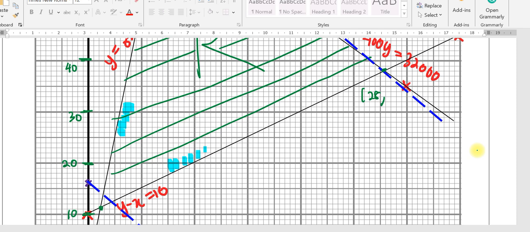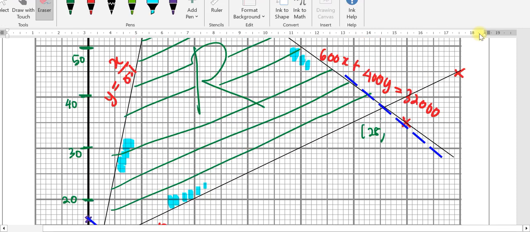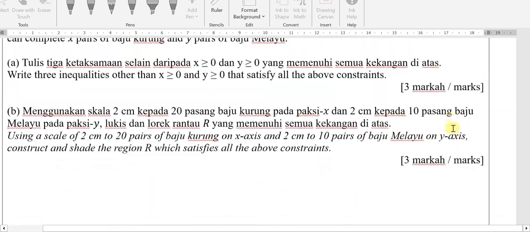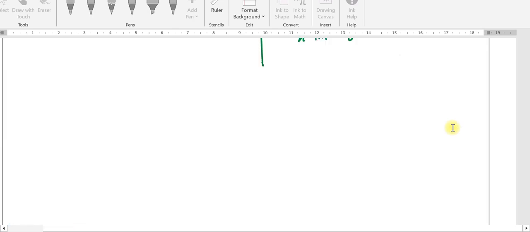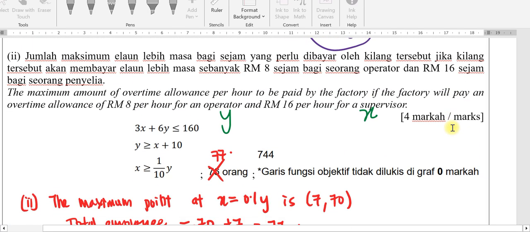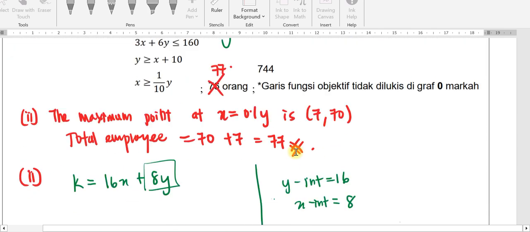And the y should be, I'm getting 38. But the question tell us 37, right?